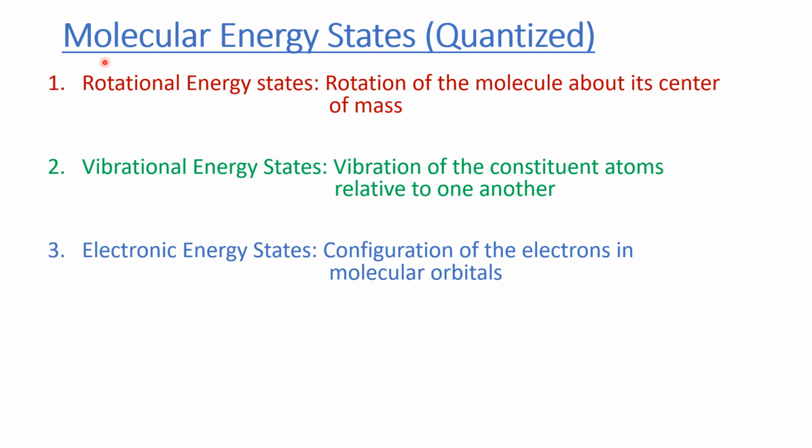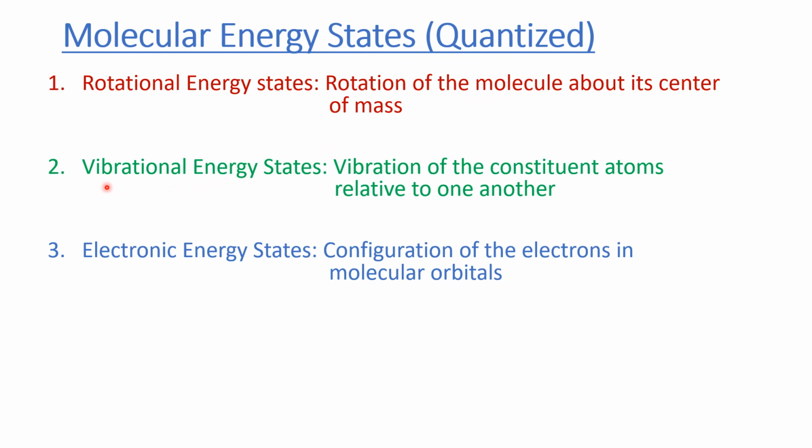The formation of the molecular spectra can be explained on the basis of the molecular energy states. And of course, these energy states are quantized. In molecules, we have three types of energy state. One is the rotational energy state, formed as a result of rotation of the molecule about its center of mass.